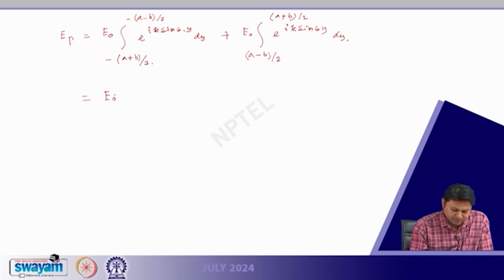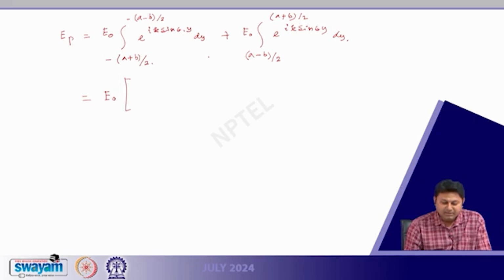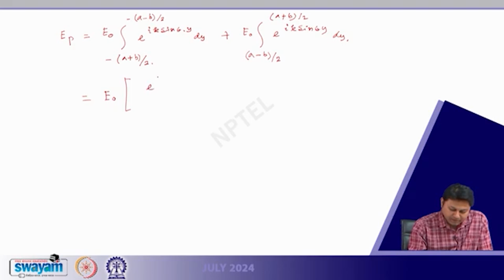E naught I take common, then the integral of e to the power of i k sin theta y dy should simply be e to the power of i k sin theta y divided by i k sin theta, which needs to be calculated at these two points.